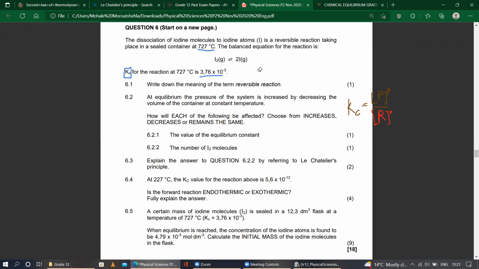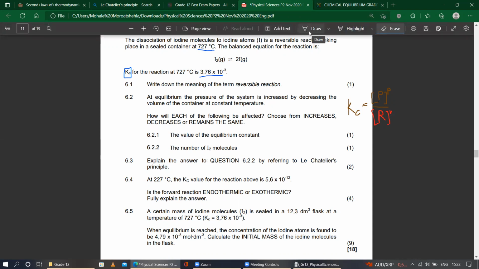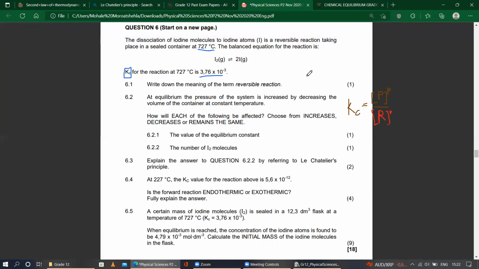I don't think the concentration is going to increase because the Kc doesn't change with pressure. But you're right, the concentration is going to change because more of the iodine molecule is going to be formed, so it's going to be more concentrated than the iodine atoms. I don't know if that makes sense. It does, sir. Okay.